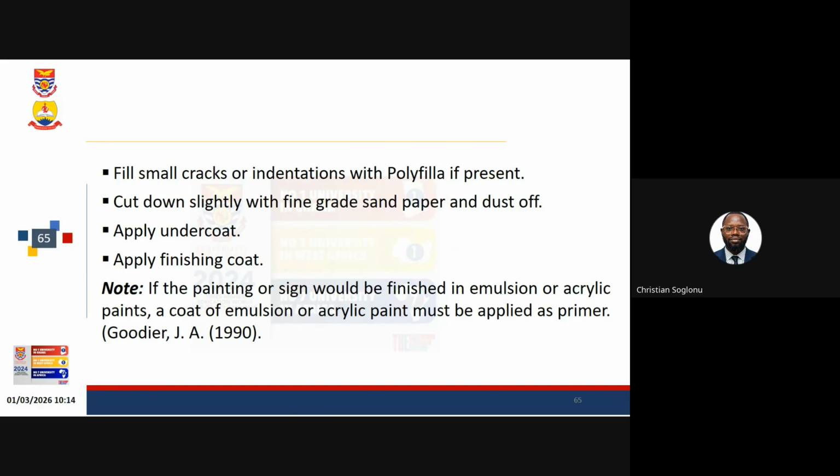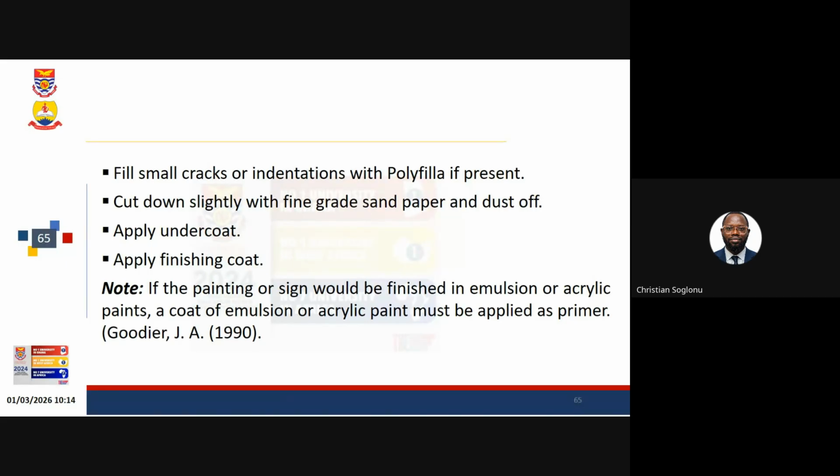So the first one says apply undercoat. That is why you prime. In those days we had whitewash, but now we don't use it anymore. You can get a white emulsion paint, apply it first, then later on you apply the finishing coat.